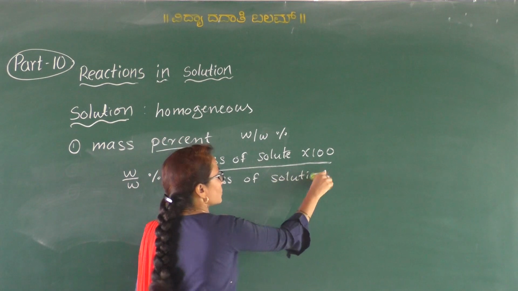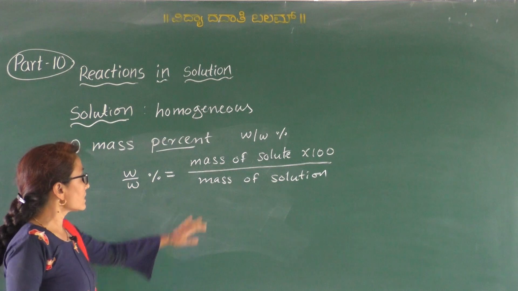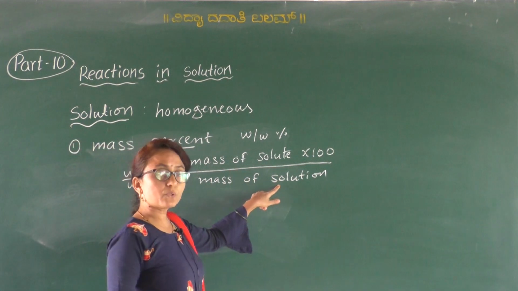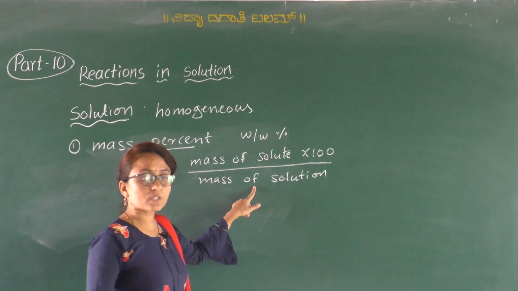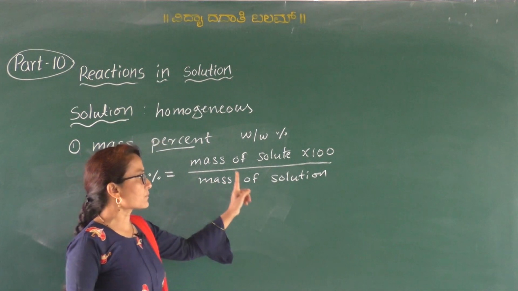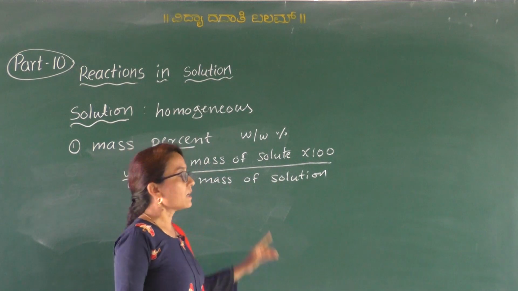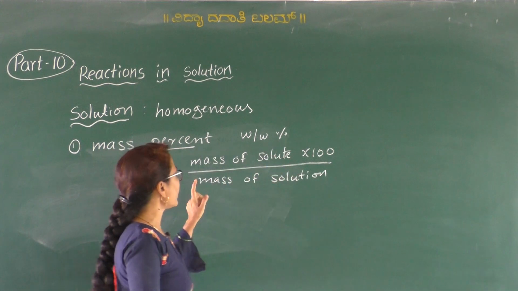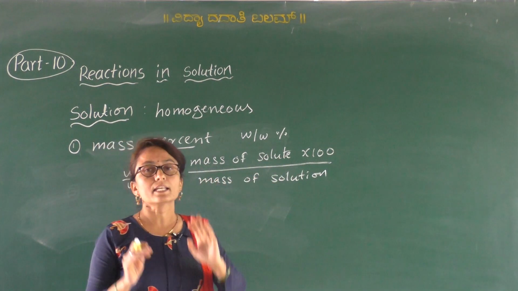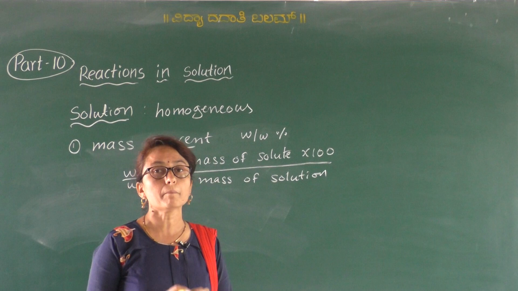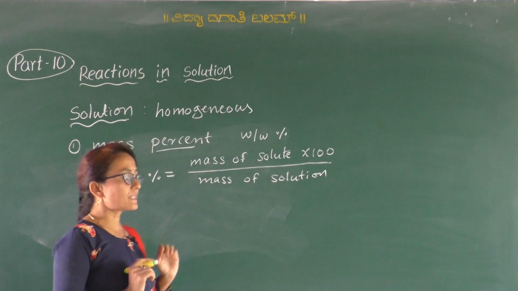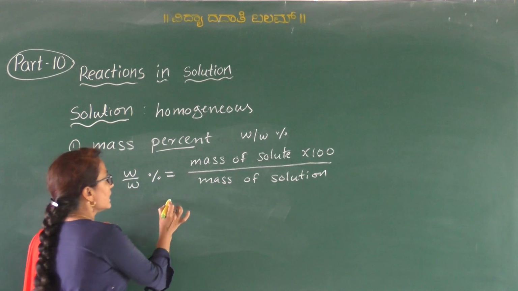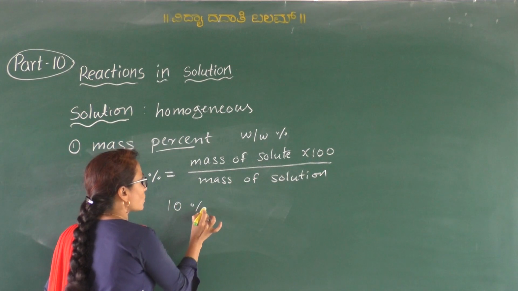We know that a solution has two components, solute and solvent, so it is a binary solution. Therefore, mass of solution is equal to mass of solute plus mass of solvent. So mass of solute into 100 divided by mass of solution is the formula to calculate the mass percent.